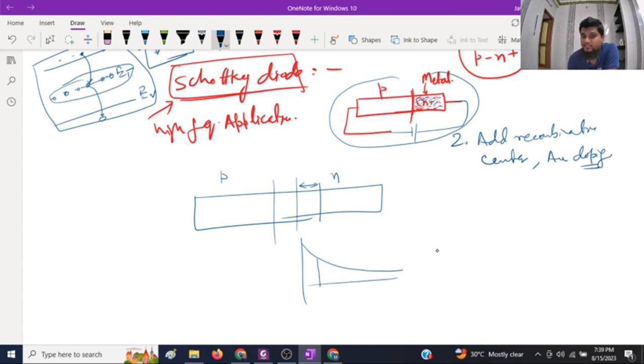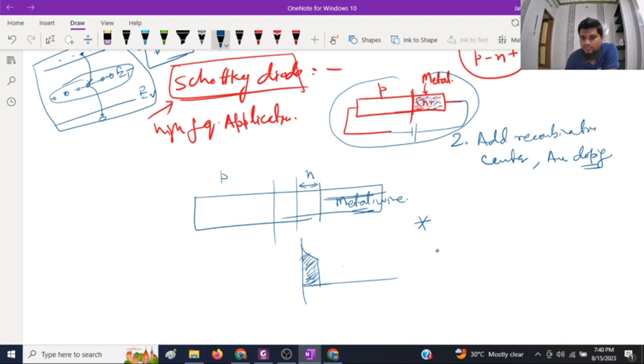So only this excess charge will be stored in the N region. Others are directly metal wire. So only this much charge has to be removed while switching from forward bias to reverse bias. This doesn't exist, so only this charge profile exists inside the N region.